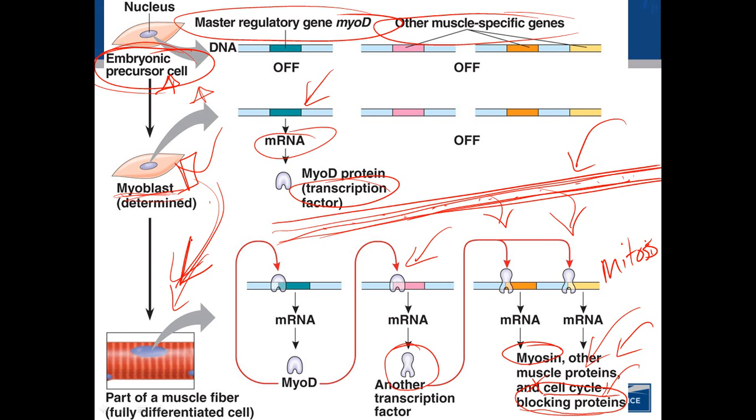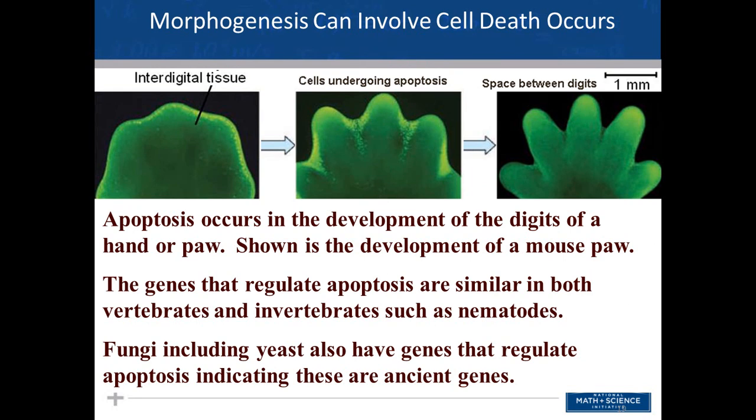So let's look at another aspect of regulation and development, and that is the fact that development often involves the death of cells. And the type of death that it usually involves is called apoptosis.